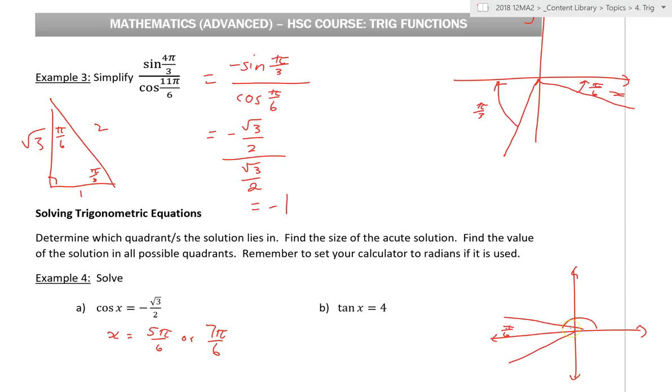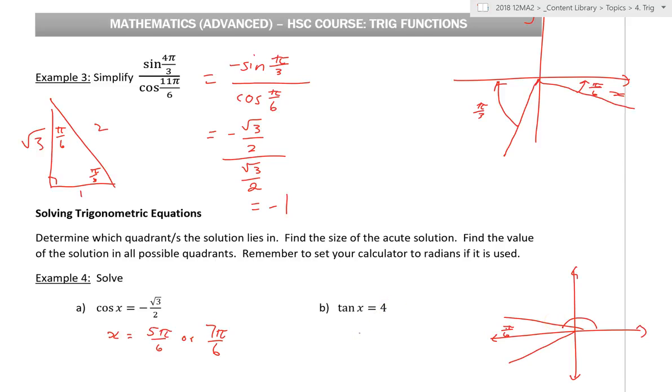Whatever my answer is here, I can add 180 degrees to it, because you can think about tan as being like the gradient of a line. This line underneath is the same gradient as this line continuing through on the other side, right? It's only their direction. There's 180 degrees difference, or pi difference, between those.